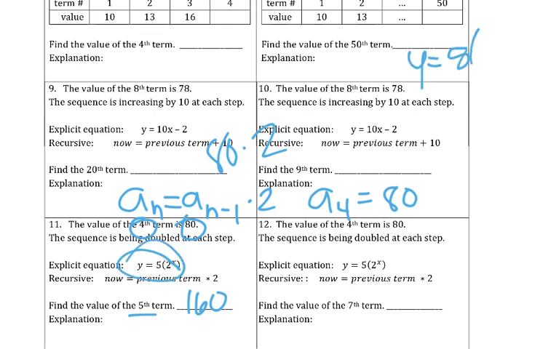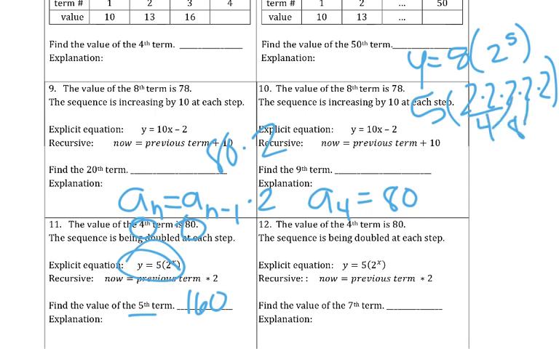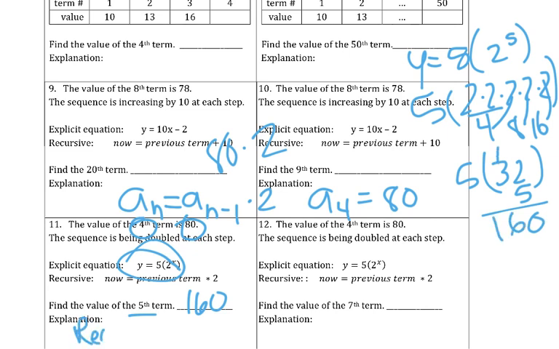Go y equals 5 times 2 to the 5th. Okay, 2 to the 5th, 2 times 2 times 2 times 2 times 2, 5 times. And it's also multiplied by 5. So 2 would be 4, 2 times 2 would be 8, times 2, 16, times 2 would be 32. So then I go 5 times 32, and we get 160. Obviously the recursive, because we knew the previous term, so to get the next term, it's very easy when we know the pattern.